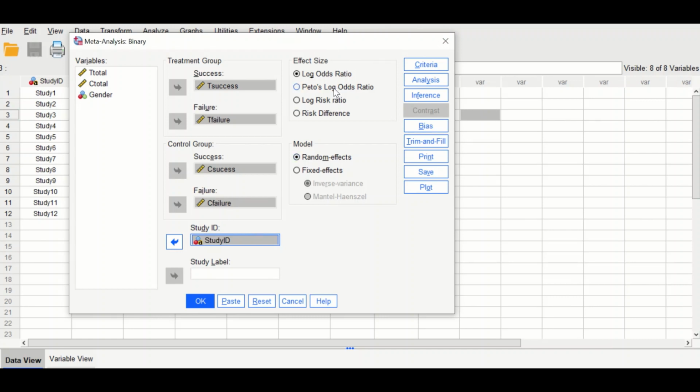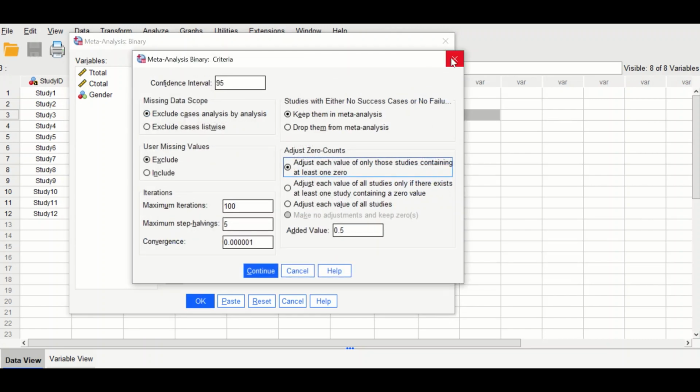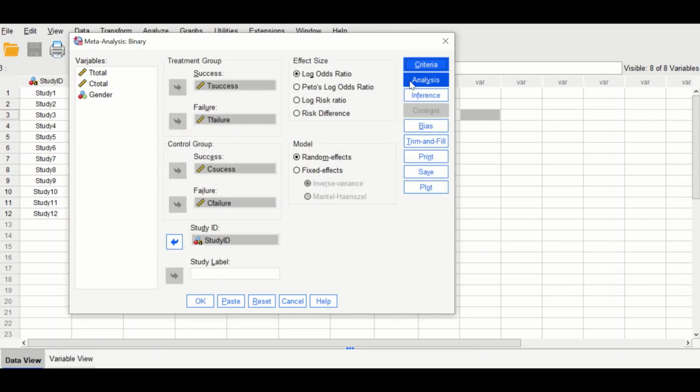The effect size to choose from here will stick with the log odds ratio, and for the model we'll use the random effects model. On the selection here, click on criteria and there will be no selection.